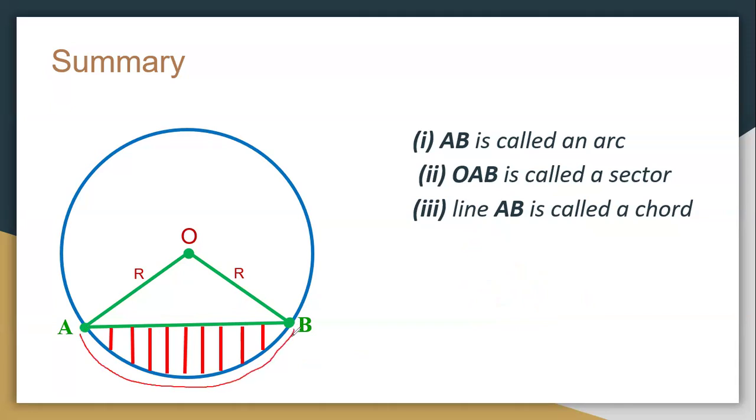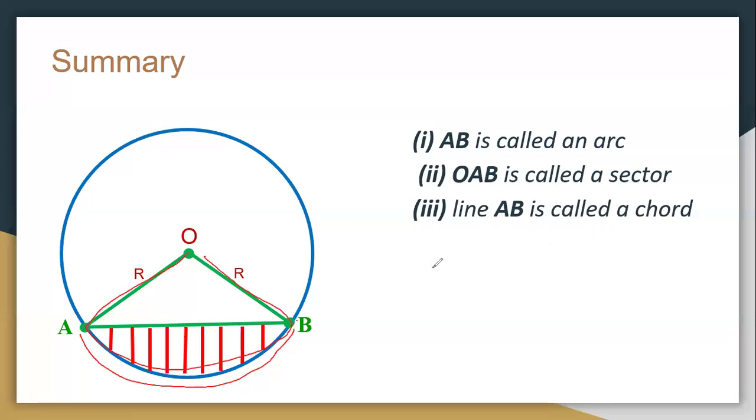We have said this is the minor arc from A to B, and the other side will be called the major arc. Then O to A to B, this part here, is what we call our sector. Then the line A to B is what we call the chord.